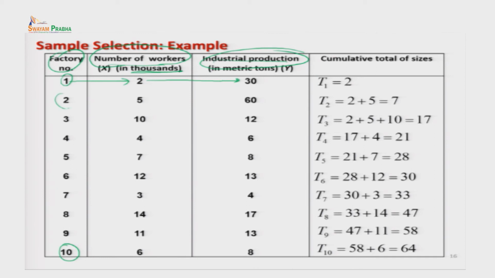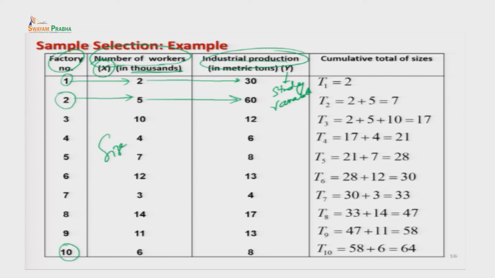Similarly, factory number 2 has 5000 workers and its production is 60 metric tons. You can see the industrial production depends on the number of workers working in the factory. That is why I have taken the number of workers as my size x. My study variable is y, the variable whose population mean we want to find out.